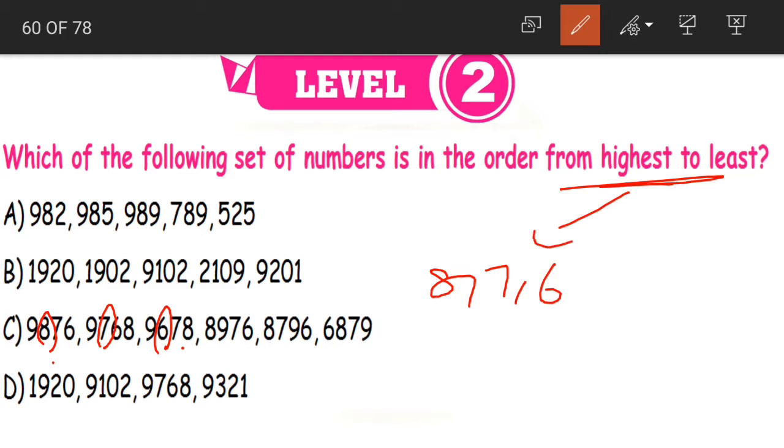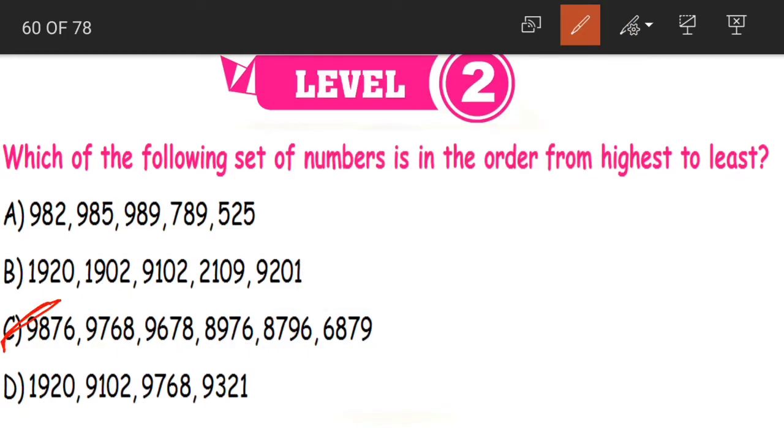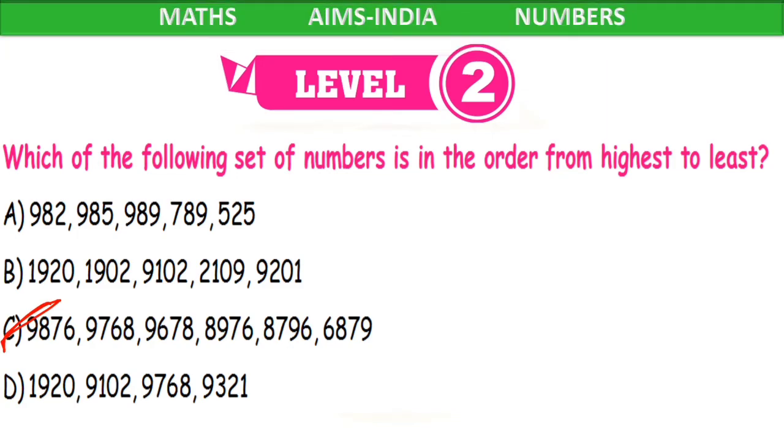Again, this is in the order of highest to least, right? Yes. So these are correct. Coming to the next digits, 9, 7. Again, these are in the order of highest to least, correct. And lastly, we are having 6000. So in option C, all the numbers are in the order from highest to least. So option C becomes our correct answer.